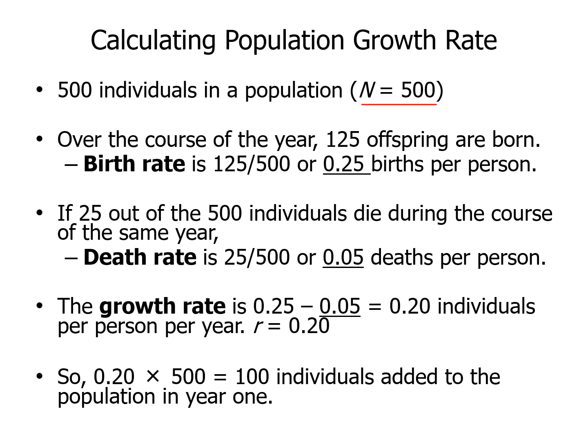From there, we need to figure out a few things. We need to figure out the birth rate. We need to figure out the death rate, and that will then give us the ability to get the growth rate. In order to get the birth rate, in this word problem, we need to be given this information. So we were given N equals 500, and we will also have to be given the number of offspring born.